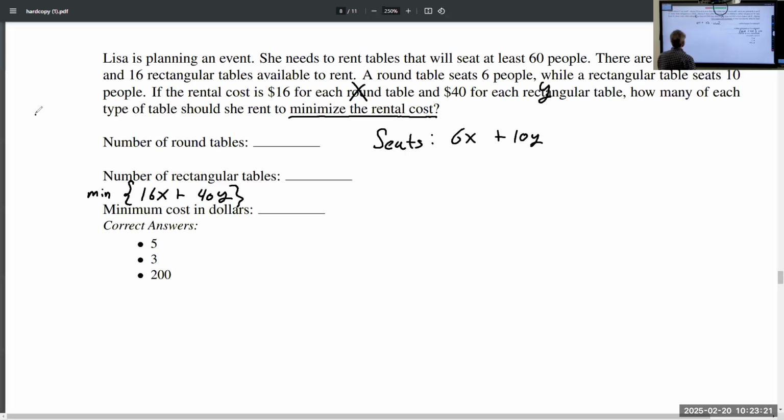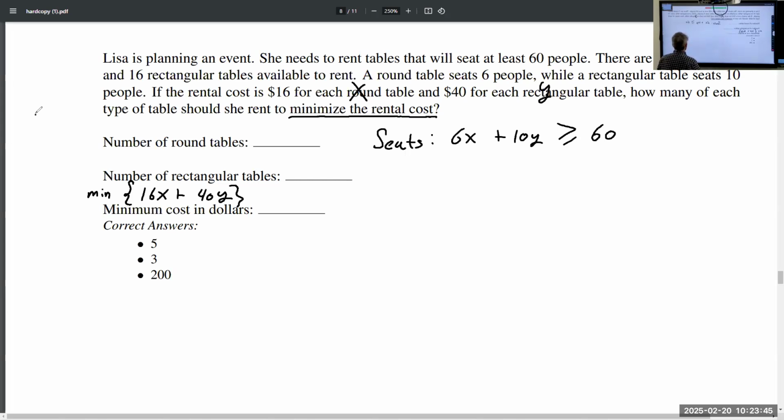And we need at least 60 people. So which way does that inequality go? I need at least 60 people. So 61 would be fine. 62 would be fine. But 59 is not fine. I need at least 60 people. So 60 is the minimum.